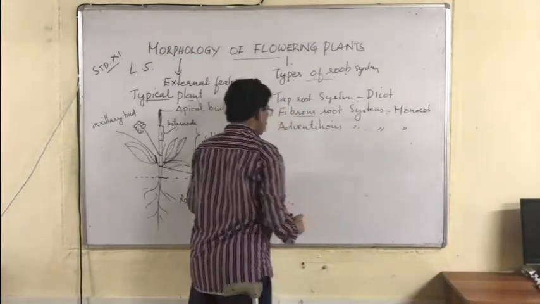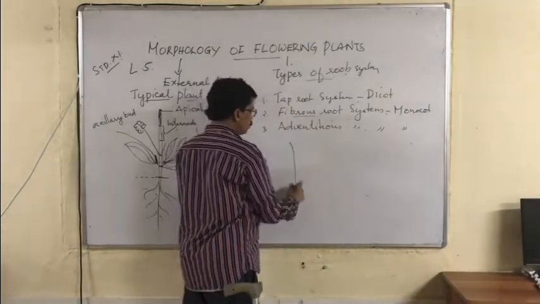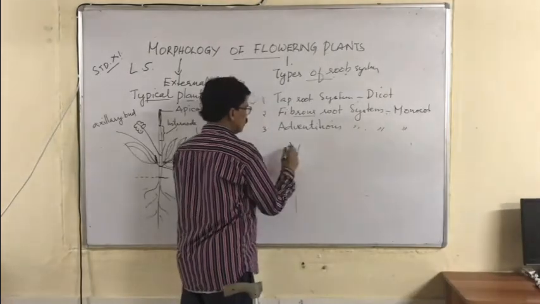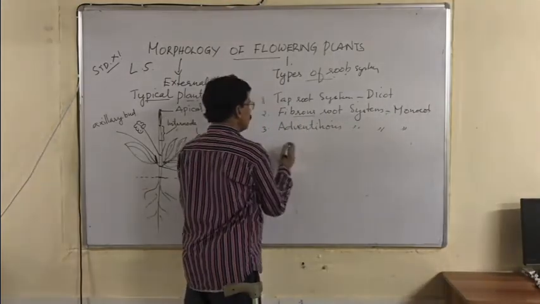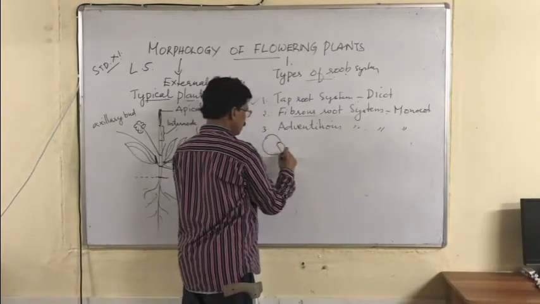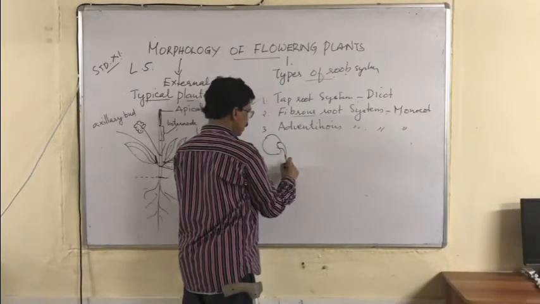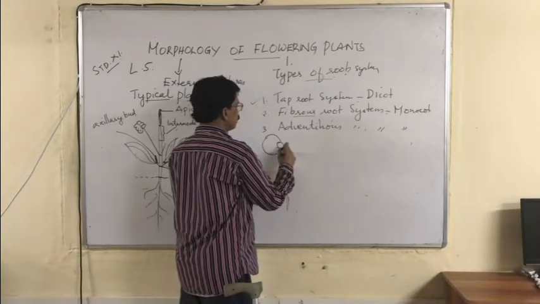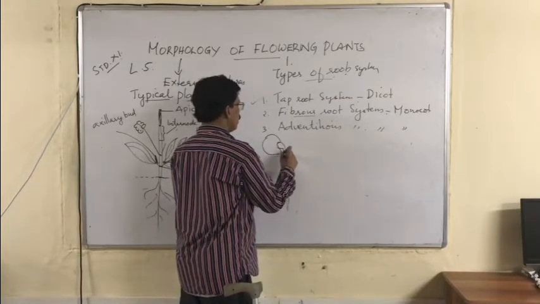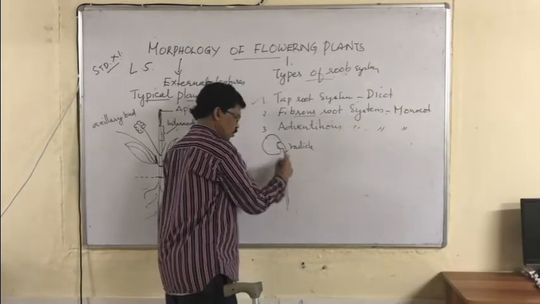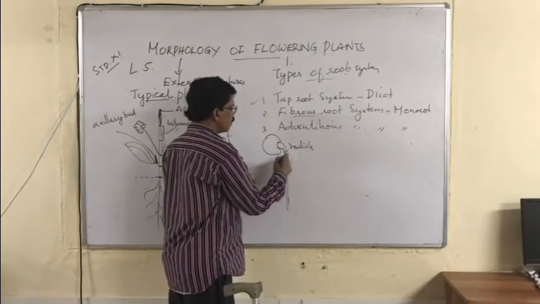So what is a taproot system? In a taproot system, there is a main root from the radicle. Suppose this is the seed, and this is the radicle. The radicle grows down into the soil and becomes the main root.